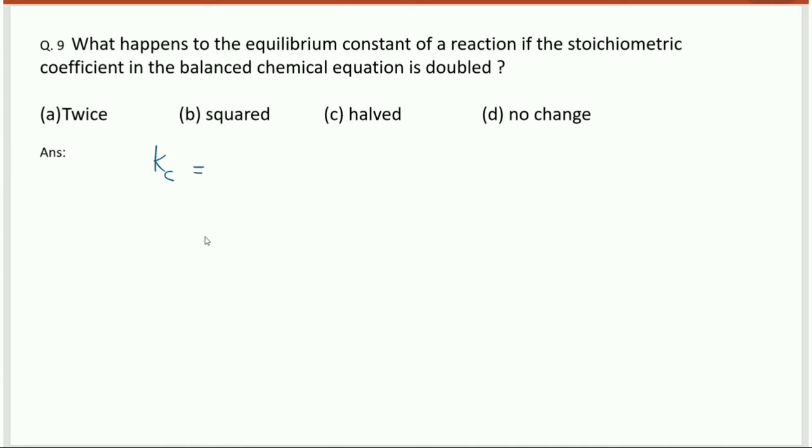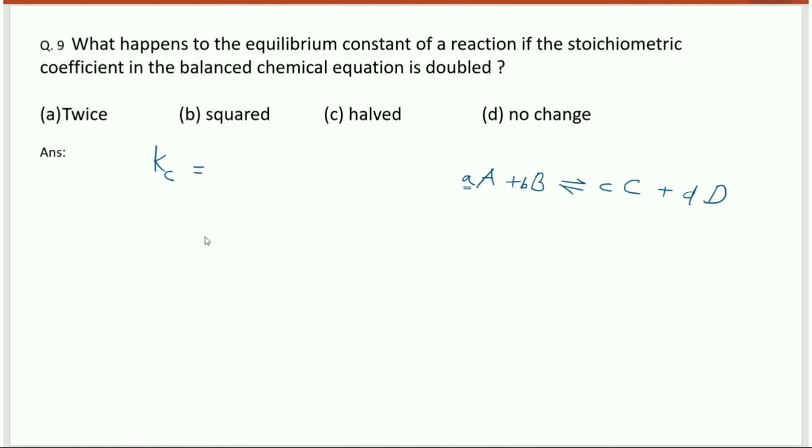So let's take the equation aA plus bB, the stoichiometric coefficients being a and b, in equilibrium with cC plus dD. So small a is the number of moles of A, capital A, and small b is the number of moles of B. Similarly, small c is the number of moles of C, and small d is the number of moles of capital D.